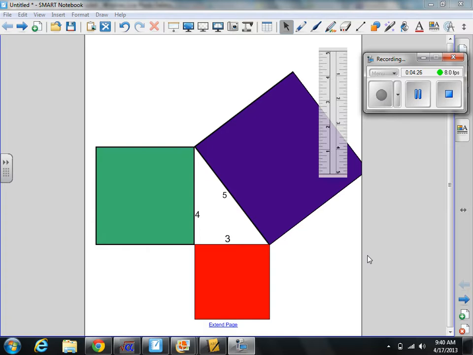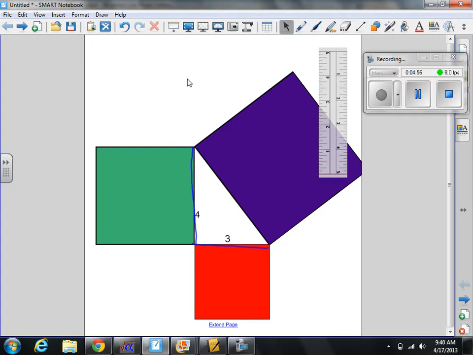All right, so what we're going to do now is go the other way around. If you notice, we are looking at a right triangle. And let's assume we didn't know that this number was 5 on the longest side. So if you notice, we have two shorter sides, and those shorter sides are what we call the legs.